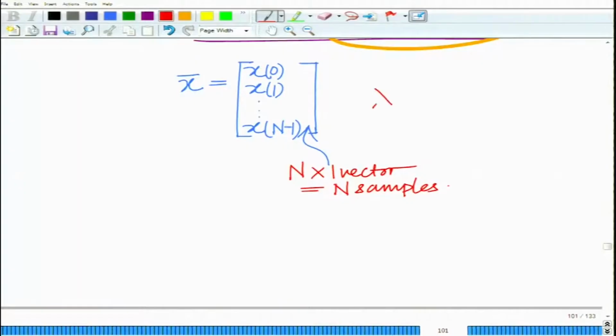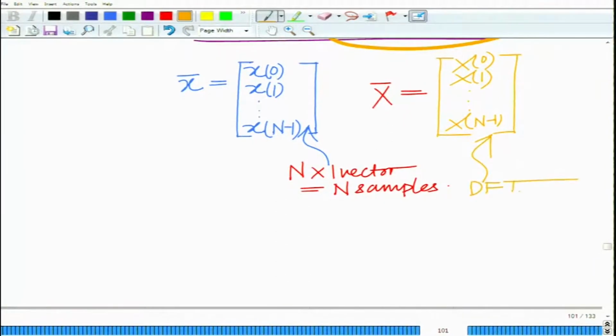And we also have correspondingly capital X bar, which is the vector of DFT coefficients, that is we have naturally n DFT coefficients X0, X1, up to Xn minus 1.